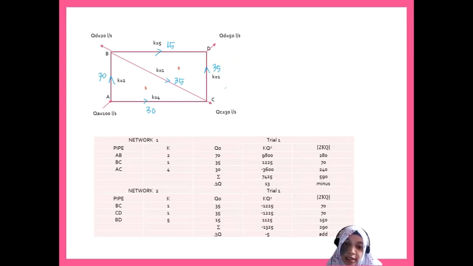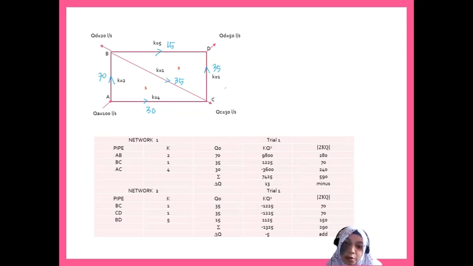But in this first trial, we have 13 and negative 5. So we continue the trial with these numbers.